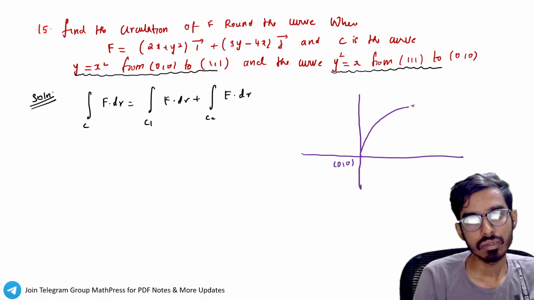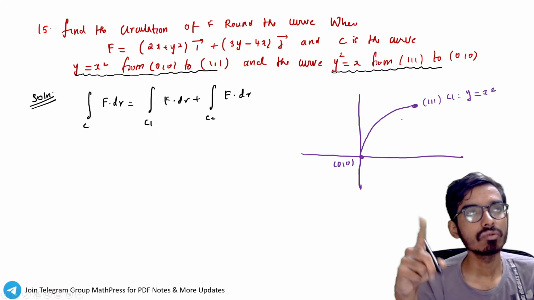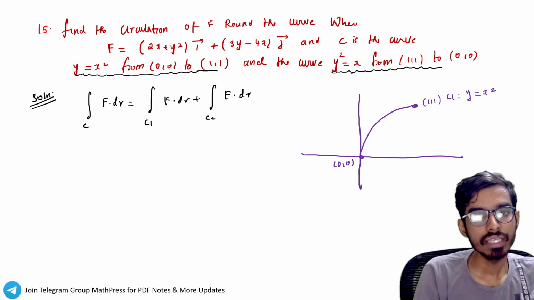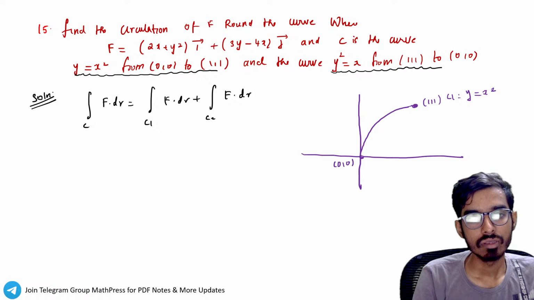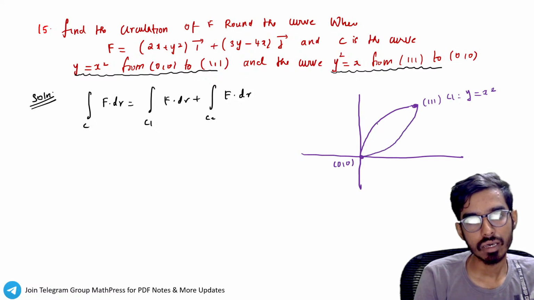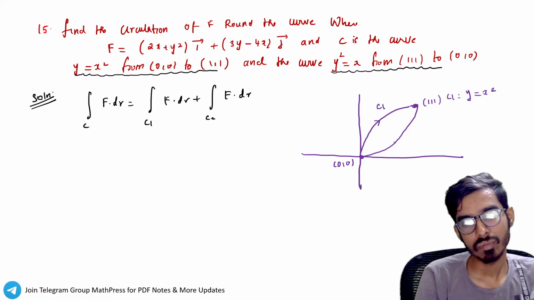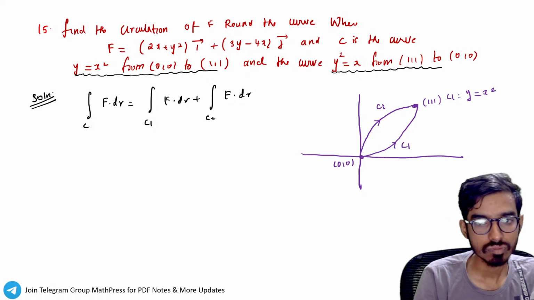This point is (1, 1). Let us call this curve C1 and this one C2.